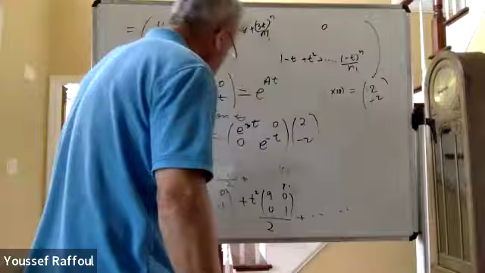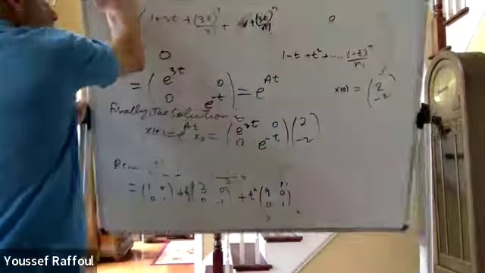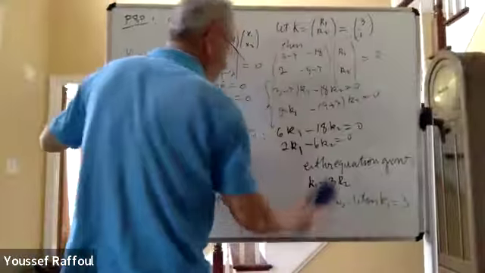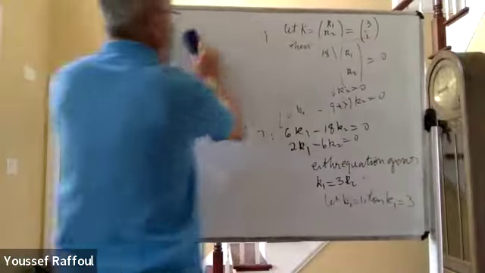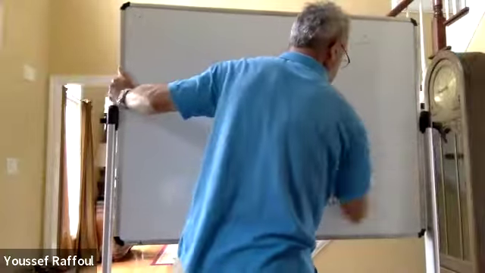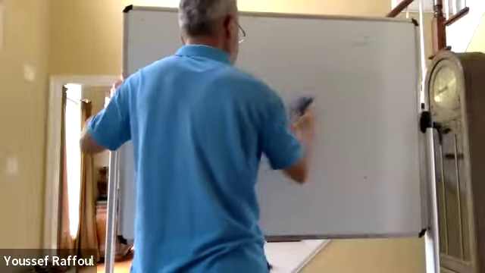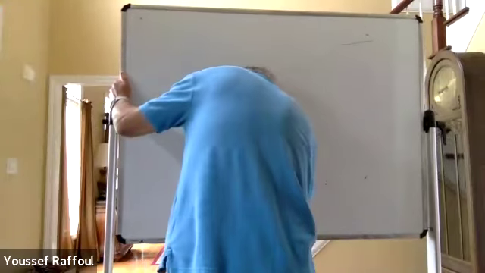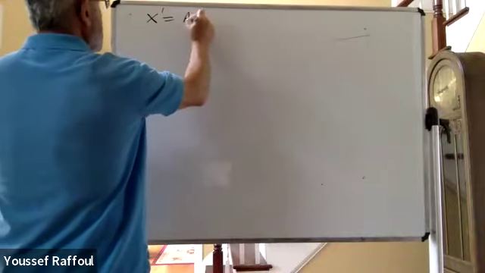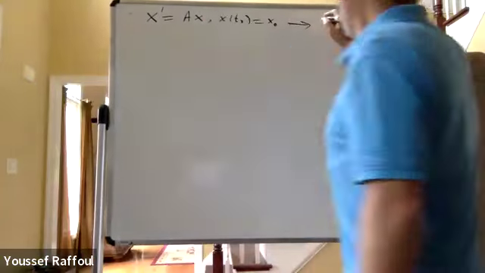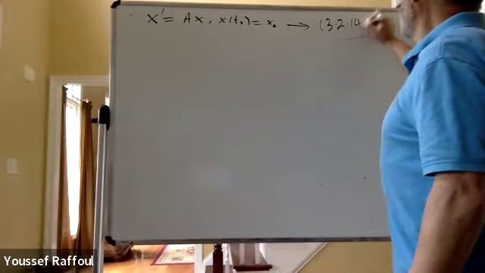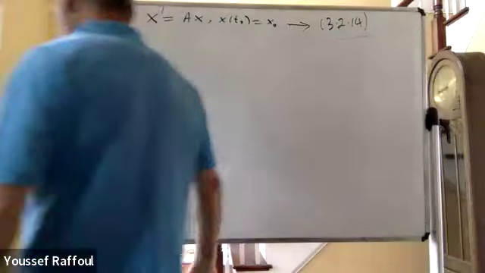So last time we were looking at x prime equals Ax, x of t naught equals x naught, which we refer to as 3.2.14.